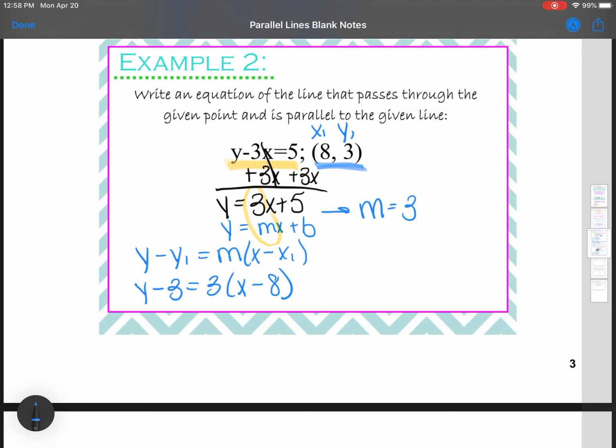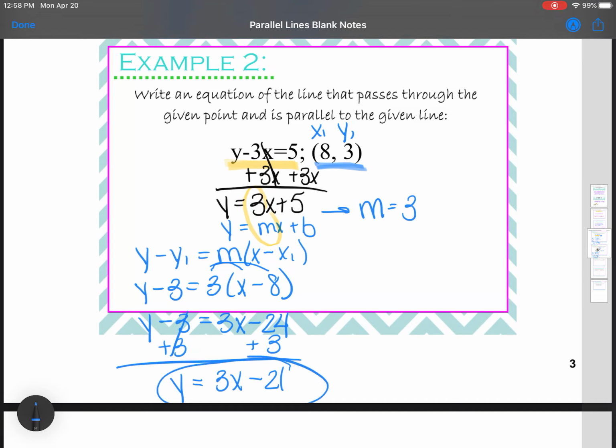First step to get this into slope-intercept form, I'm going to distribute my slope to what's in the parentheses. Y minus 3 equals 3 times x, which is 3x. 3 times negative 8 is negative 24. Okay, now last step, I'm just going to add 3 to both sides. Okay, y equals 3x minus 21. Okay, and these two lines are going to be parallel lines. They're never going to touch.